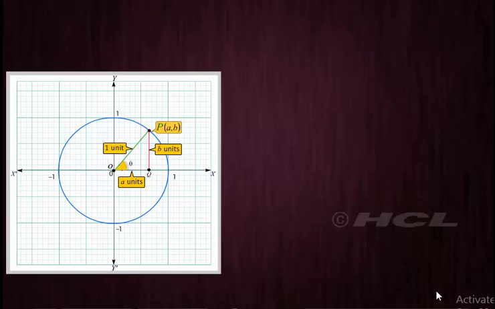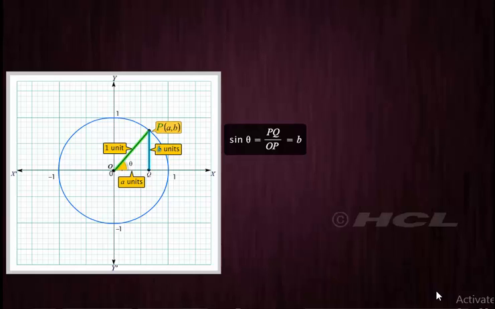In the right triangle OPQ, using our previous knowledge, we know that the trigonometric ratio sine theta is defined as the ratio opposite side over hypotenuse, which is equal to PQ over OP. Since OP, the radius of the circle, is equal to 1 unit, we get sine theta equals PQ, that is b.